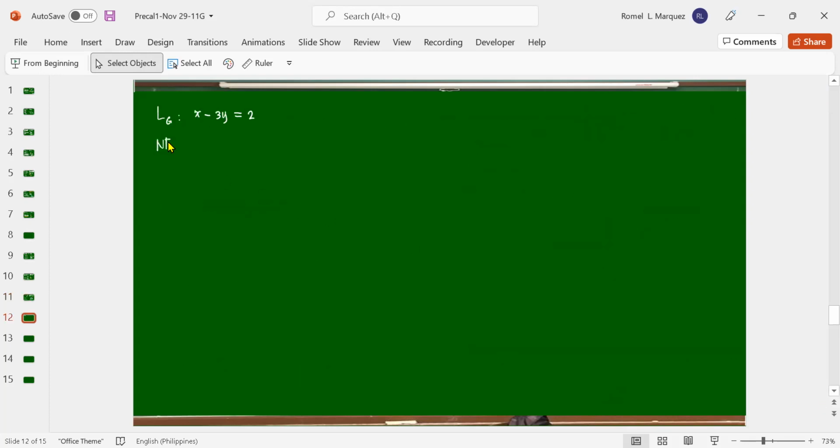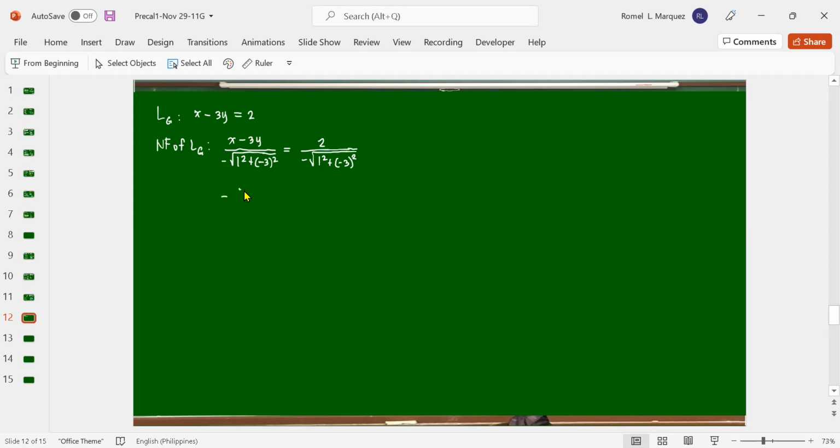So the normal form of LG is x minus 3y all over negative square root of 1 squared plus negative 3 squared, because b is negative, equal to 2 over the same.